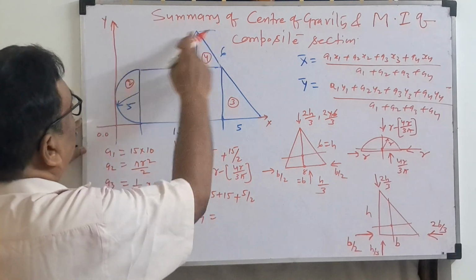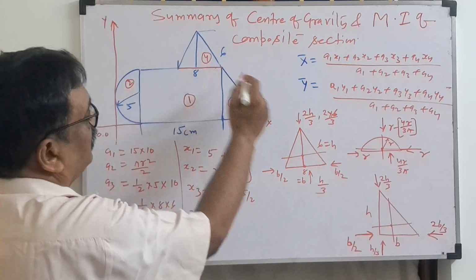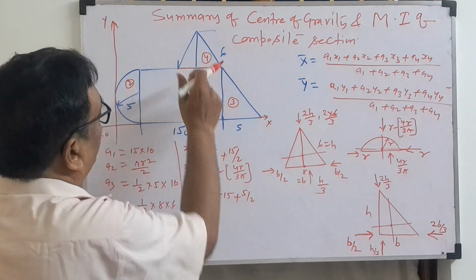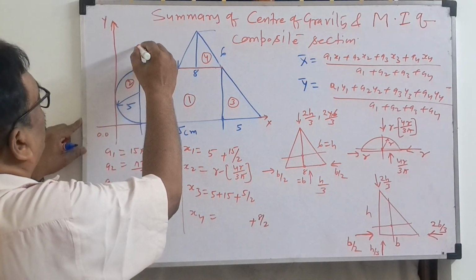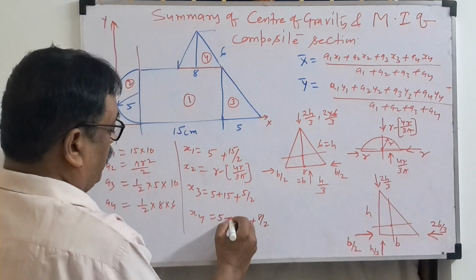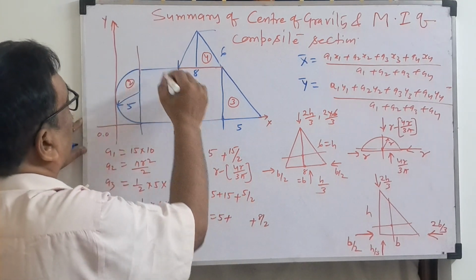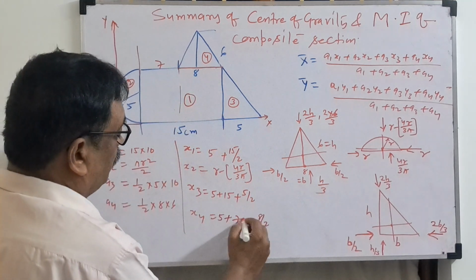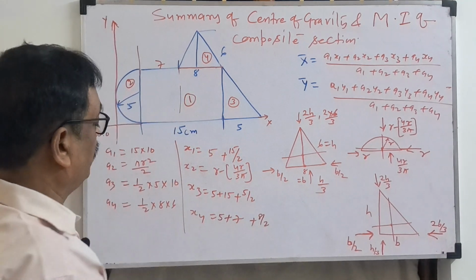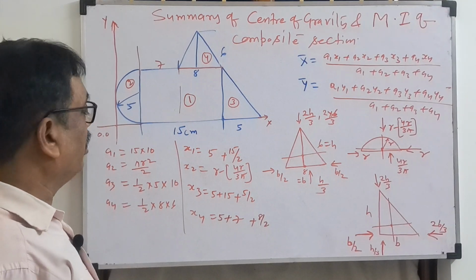X4, from this side. So see this equilateral triangle, b by 2. That means 8 by 2. But from where? This is 5 plus what is this one? 8. This is 7. This is total 15. So 8 plus 5 plus 7 plus 8 by 2. This is the x1, x2, x3, x4.